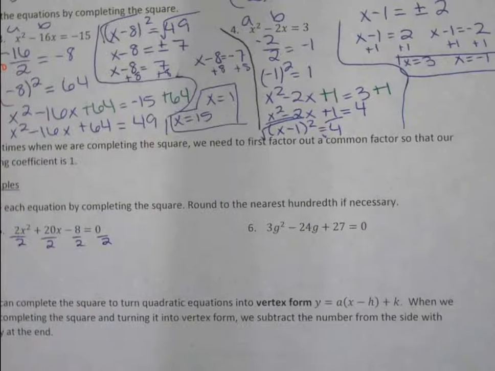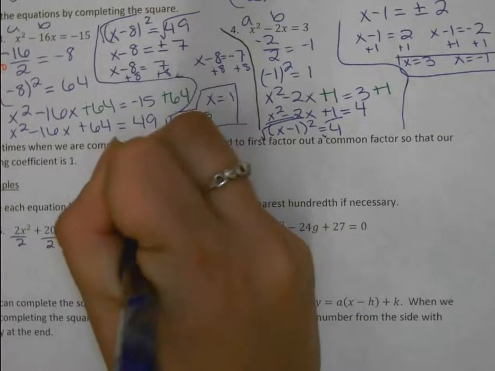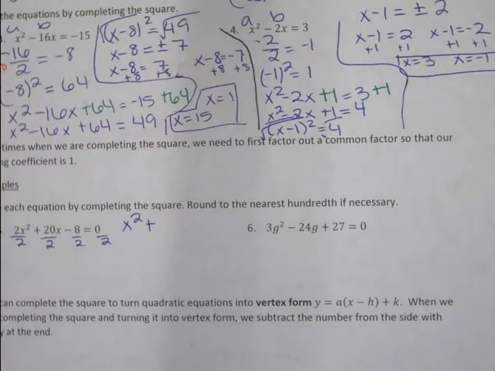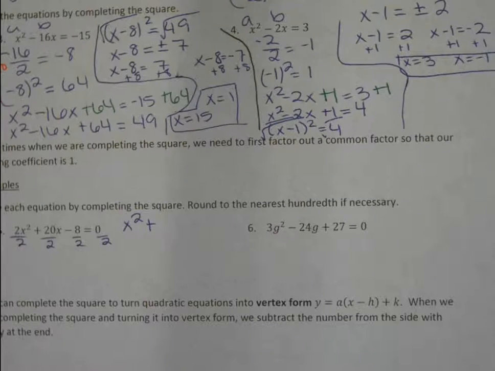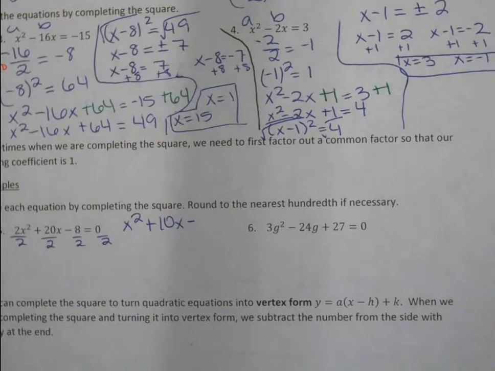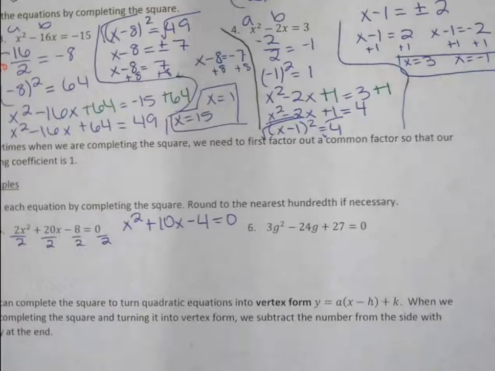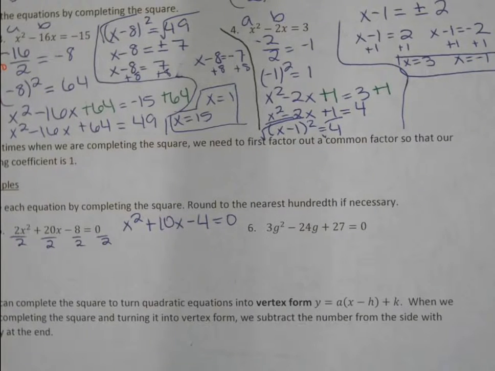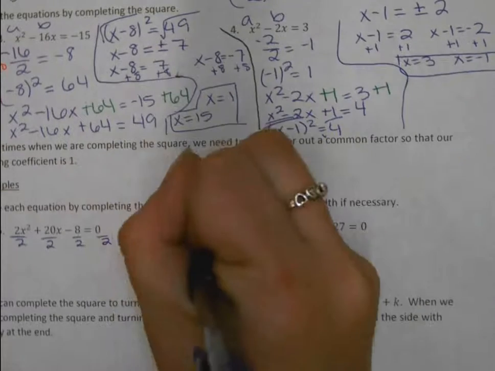So 2x squared divided by 2 is just x squared. 20 divided by 2 is 10. 8 divided by 2 is 4. Then I'm going to add 4 to both sides.